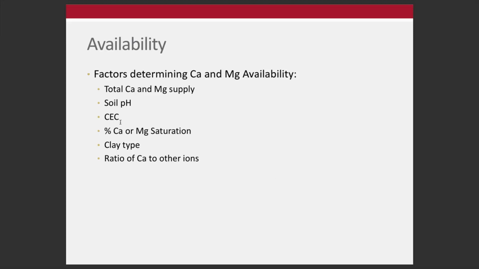And then again, these concepts are related: CEC or percent calcium or magnesium saturation, the type of clay, and then the ratio to other ions. So there's a number of things, but a lot of these are of course interrelated.